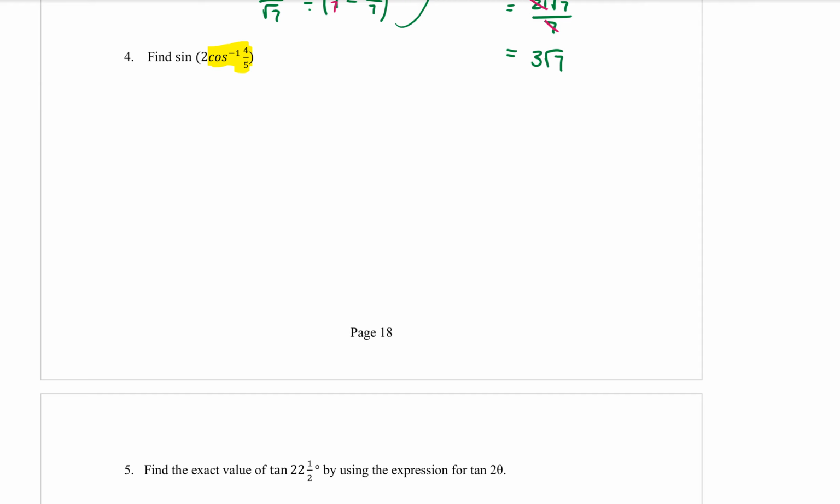And when we did this previously, we started by saying let alpha equals inverse cos of 4 over 5. Then we used our knowledge of inverse functions to rearrange that, and we said, well, instead I could write that as cos alpha equals 4 over 5.